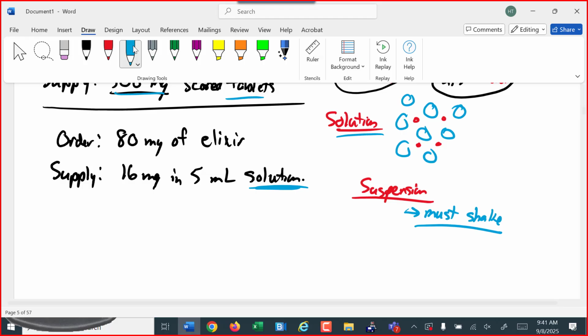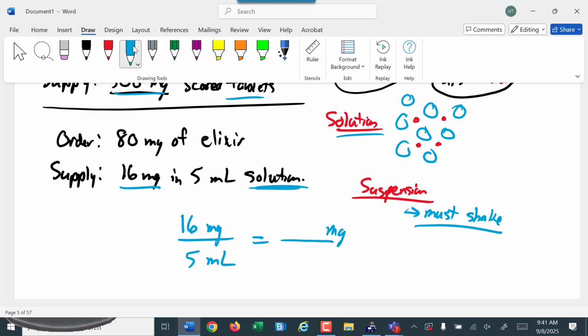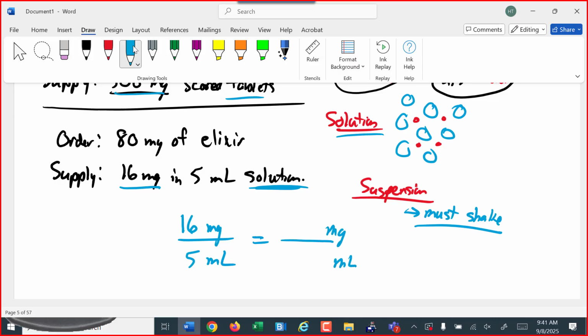Back to the calculation. So we have our on-hand dose of 16 milligrams over the vehicle of 5 milliliters. Now again, on the other side, we know that this has to be milligrams. This will have to be milliliters because those units have to match up horizontally for this formula.